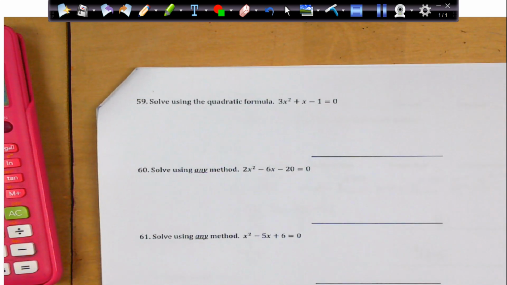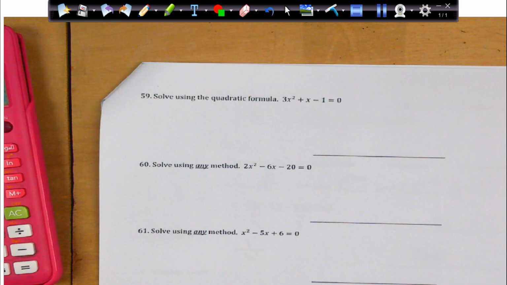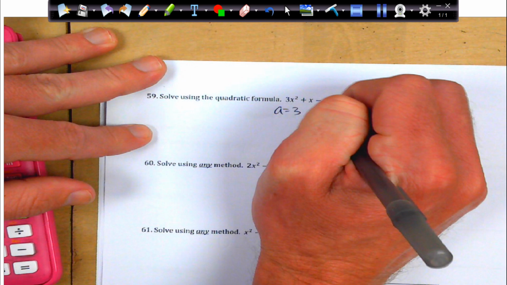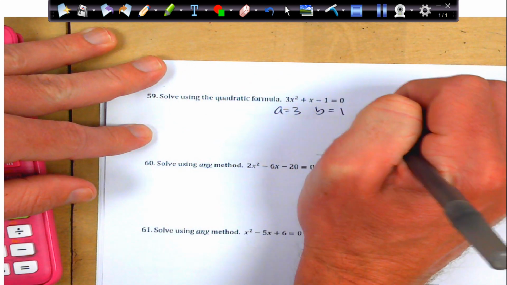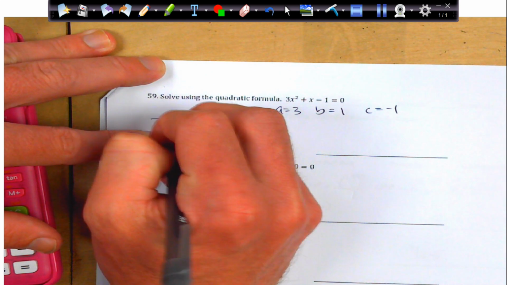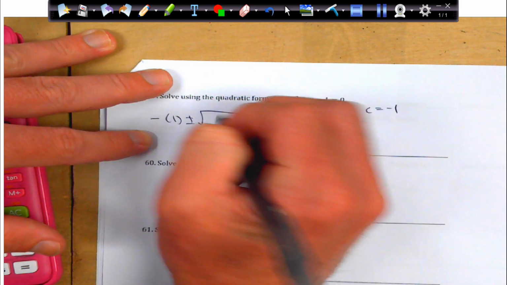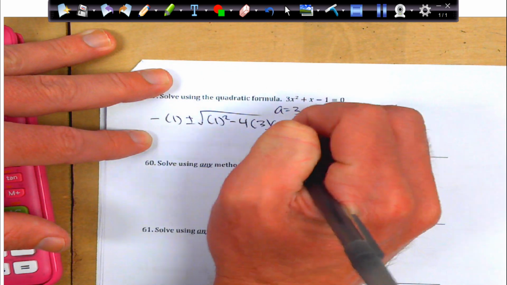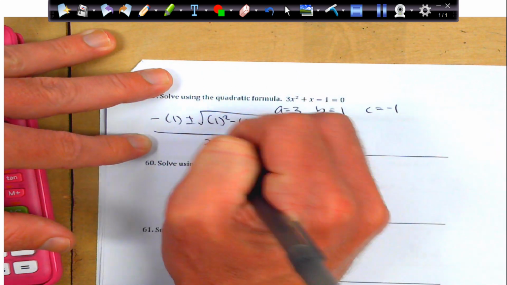Quadratic formula yet again, and any method, and then which one represents a quadratic function. So we'll go ahead and bust these out. Alright, so a is 3, b is 1, and c is negative 1. So I'm going to plug into the formula negative 1 plus or minus the square root of 1 squared minus 4 times a times c all over 2 times a.